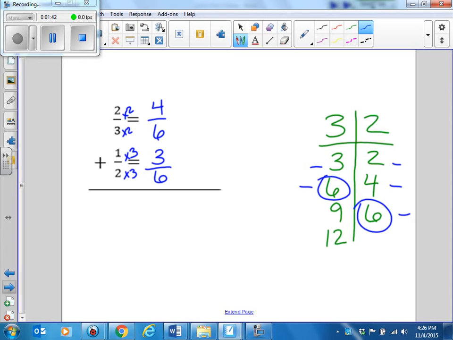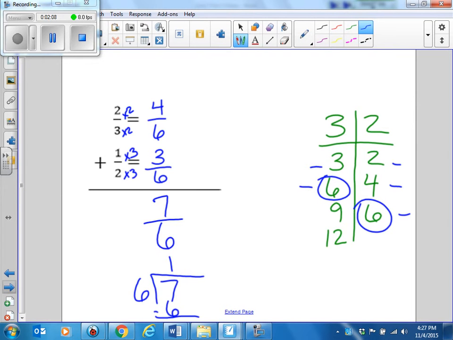All right, so here we're going to do just like we did before. We're going to add our numerators, so 4 plus 3 is 7, and we're going to keep our denominator. Now, in this case, we have an improper fraction, so we need to go ahead and simplify that. And again, if you have forgotten how to simplify, the numerator goes on the inside, denominator on the outside, 6 goes into 7 one time. 1 times 6 is 6.